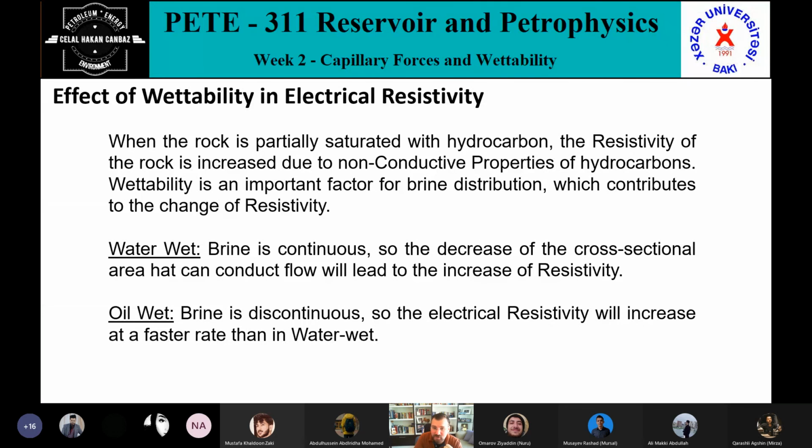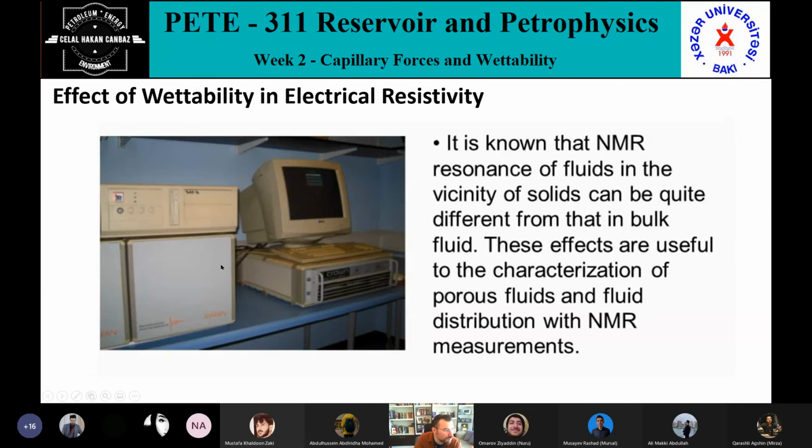Okay, so let me show you a very basic, very old lab equipment. This is an NMR, nuclear magnetic resonance. It senses the electrical signals and gets the resistivity, in lab scale. It's known as NMR: the resonance of fluids in the vicinity of solids can be quite different from that in bulk fluids.